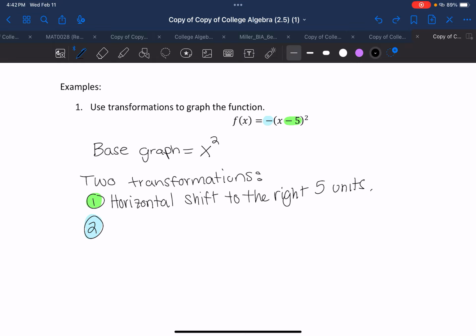So that's affecting my output value. So it's changing my y values, which means it's a reflection over the x-axis. So this is a reflection across or over the x-axis.